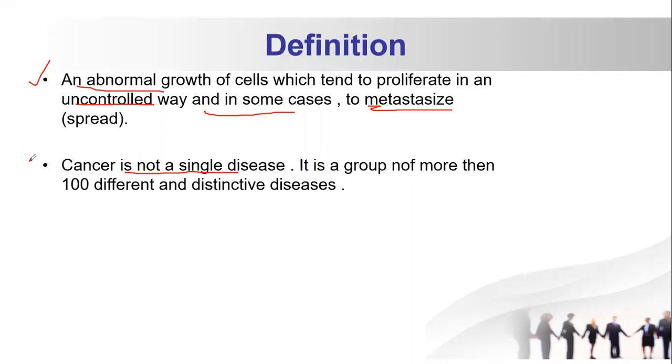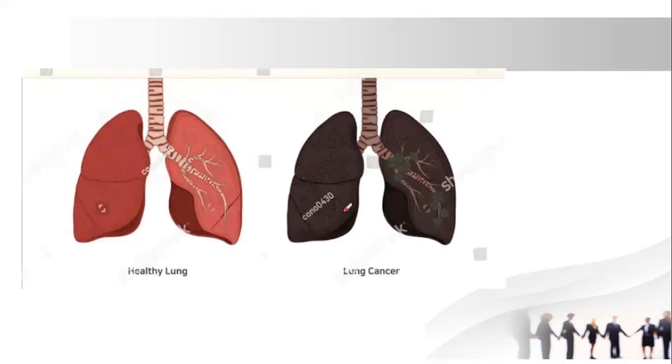This is the most important point, by the way: cancer is not only a single disease, rather it is a group of more than 100 different and distinct diseases. It is actually a combination of a lot of diseases, which is called cancer. And if that cancer develops within the lungs, we refer to it as lung cancer. So that was the definition.